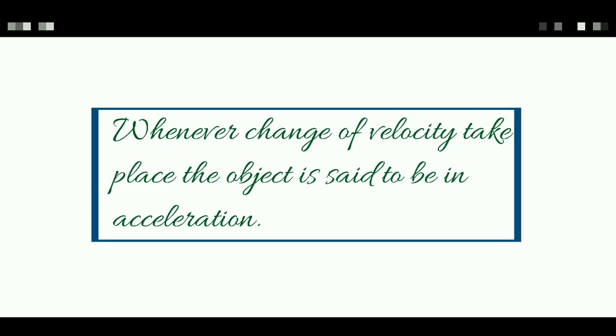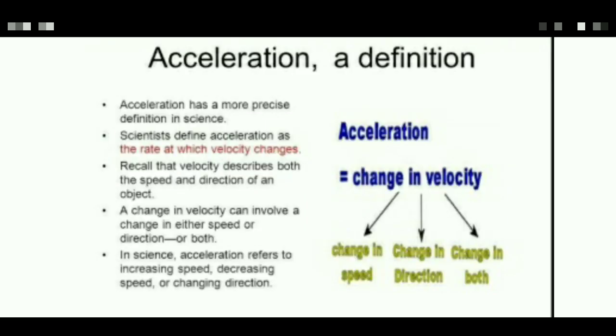So whenever the velocity changes, we will understand that there exists an acceleration, and the velocity changes in two ways, either in direction or in magnitude or in both. Okay, so now we define, see what is acceleration.